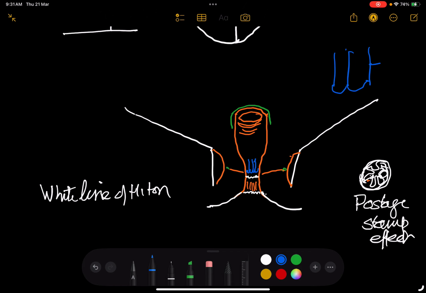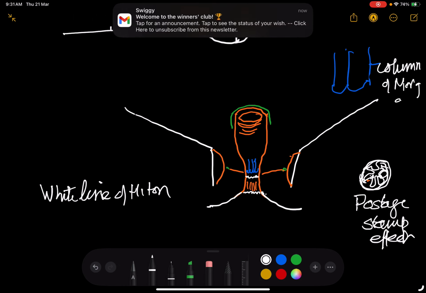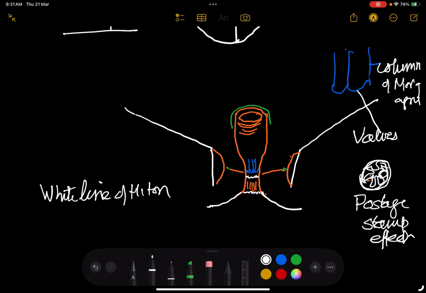And these are called the walls of ball. And this line that is formed is called the dentate line.